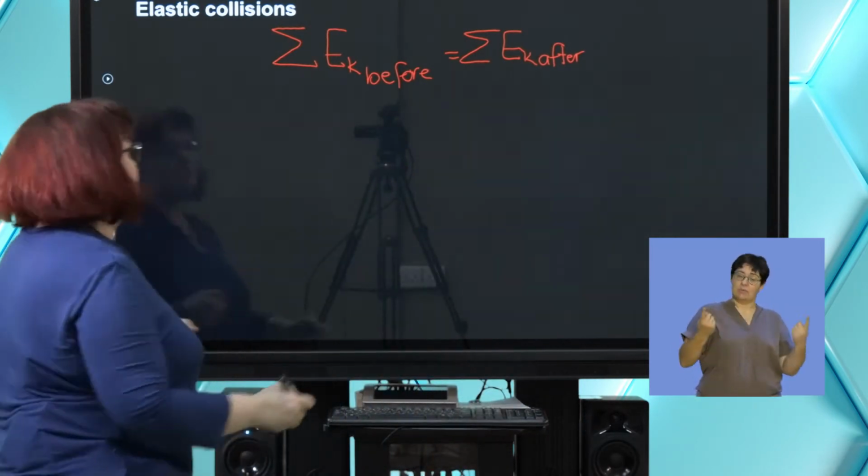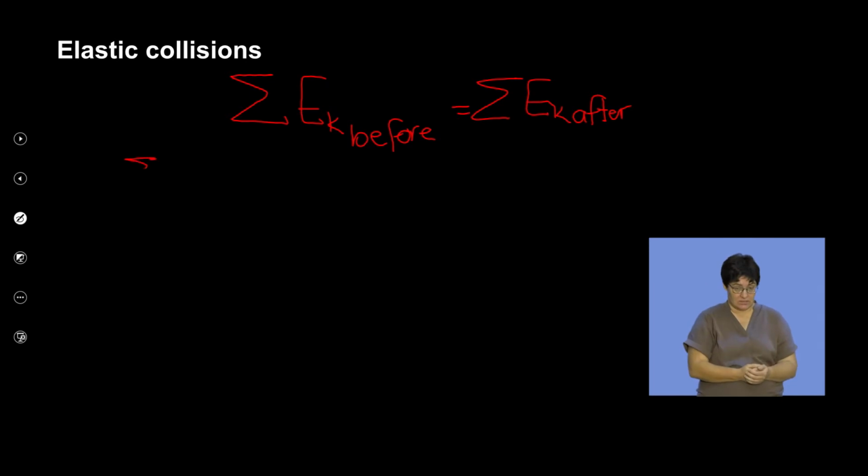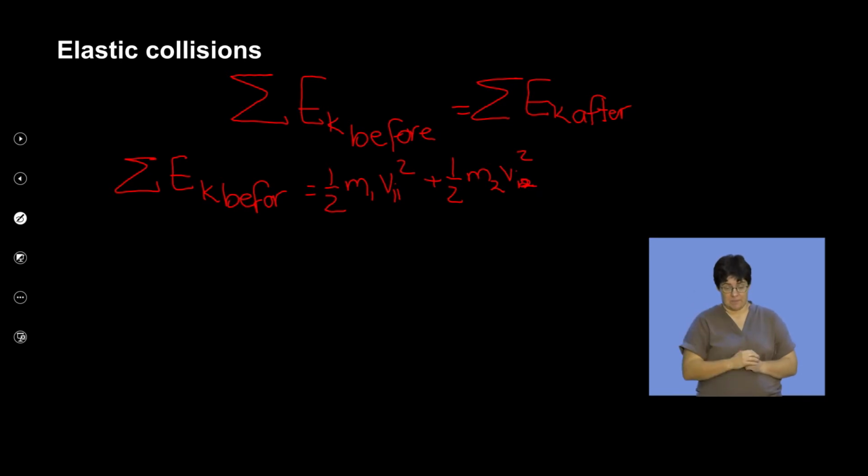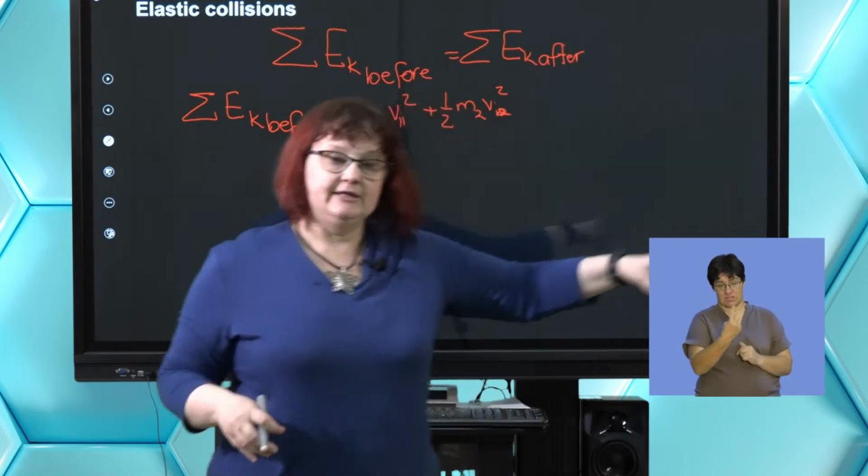So the sum of the kinetic energy before will be equal to a half mass of the first one times its initial velocity squared plus a half mass of the second one times its initial velocity squared. We have to do that calculation first and separately.